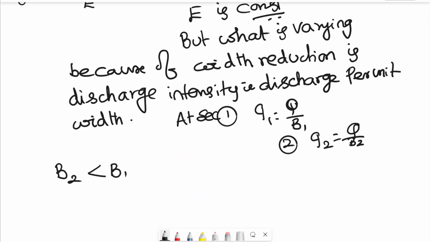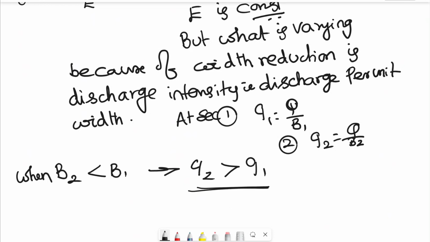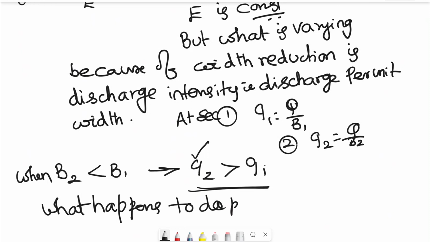When B2 is less than B1, what will happen to q2? q2 should be greater than q1. That means at the second section, the discharge per unit width is more than q1. Then what happens to depth? Depth decreases.